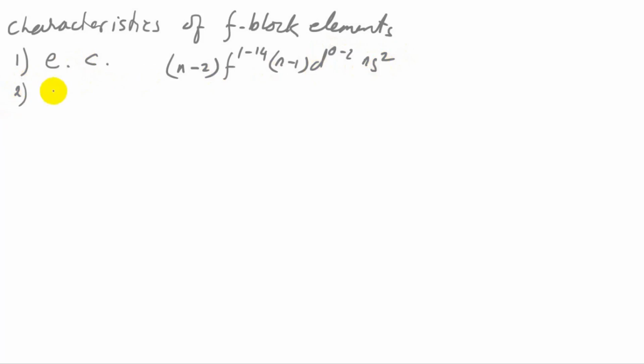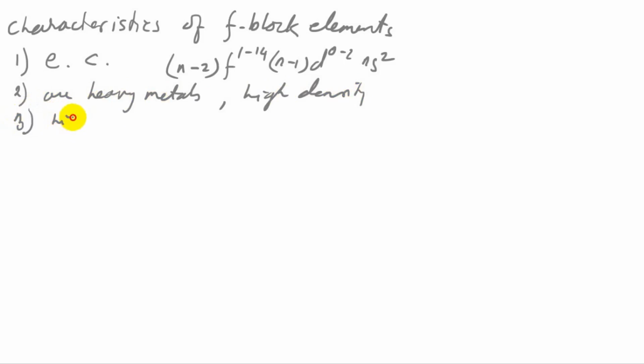The second thing, they are heavy metals. That means the density will be high. The heavy metals, clear? High density. The next one, high melting point. Melting point is very high, so boiling point will also be very high.